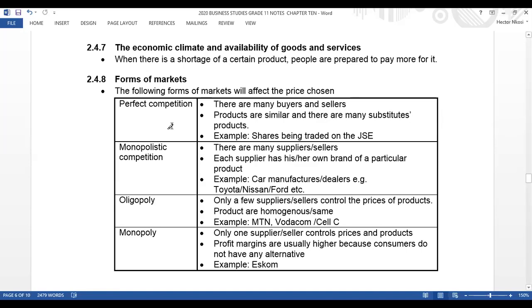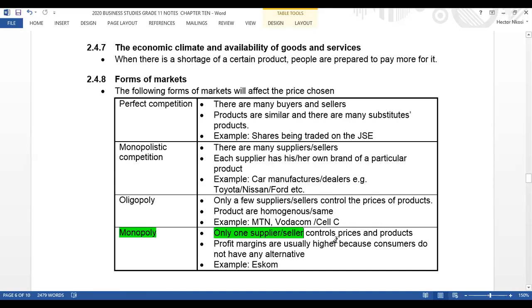Now, when we start with monopoly, mono means one, isn't it? So monopoly means one person or one individual, basically. If we look at the monopoly, it says only one supplier or seller controls prices and products, right?